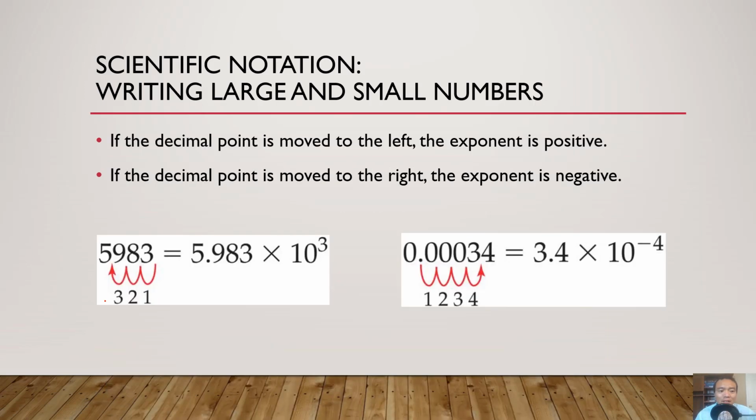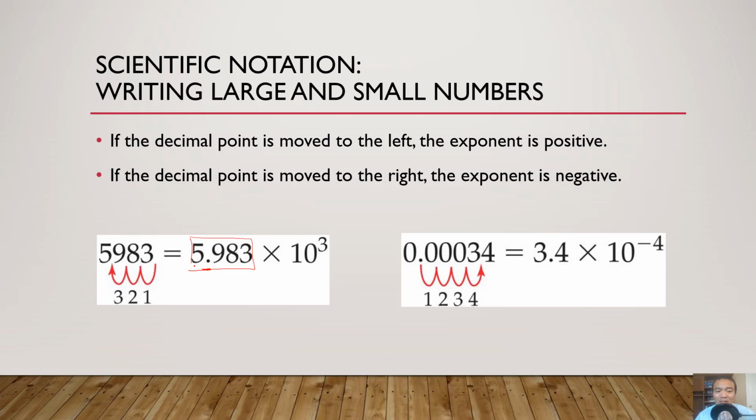For example, 5983. If you want to convert it to standard scientific notation, first you do know the original decimal point is where you see this dot. Then you have to move the decimal place to right after 5, because we do know the pre-expo number must be between 1 and 10.